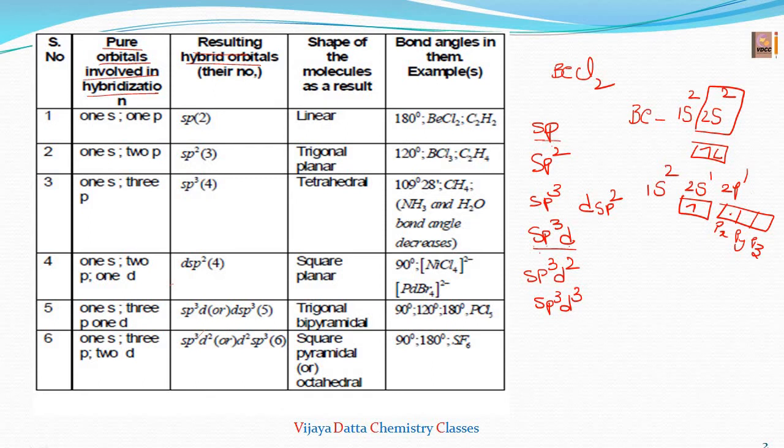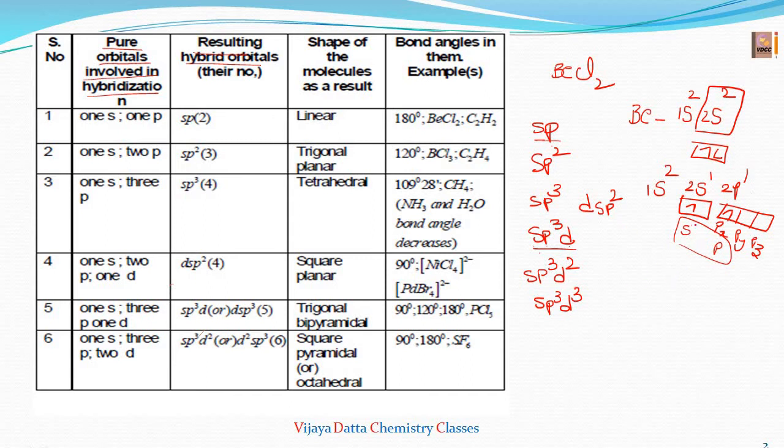One of the electrons will jump into the p orbital. Now how many orbitals are participating in the hybridization? The s orbital participated and the px orbital also participated. So this is the s orbital and this is the p orbital, both participating in the hybridization. So this is sp hybridization.